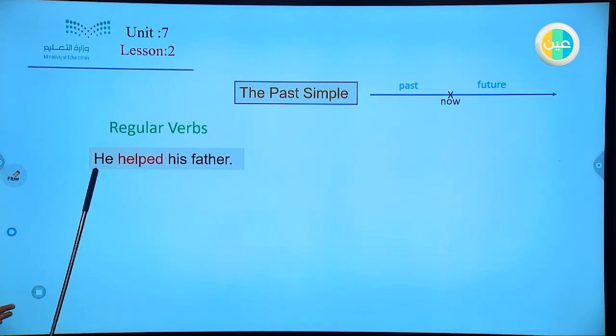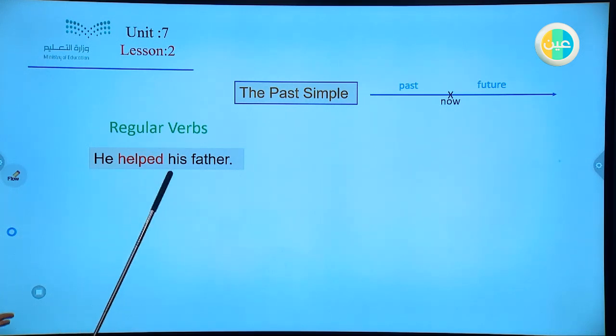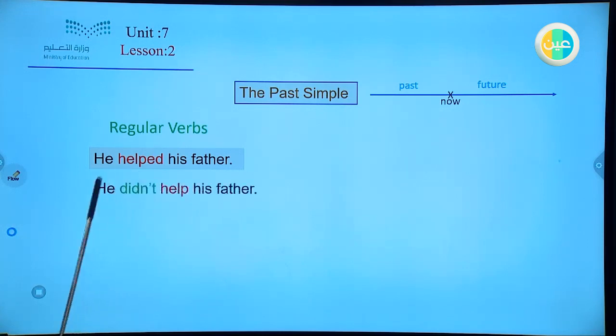So, again, subject, pronoun or name, Ahmed, Ali, helped or he helped. And then we finish the sentence with a time phrase or place phrase or with an object. Here we have an object.